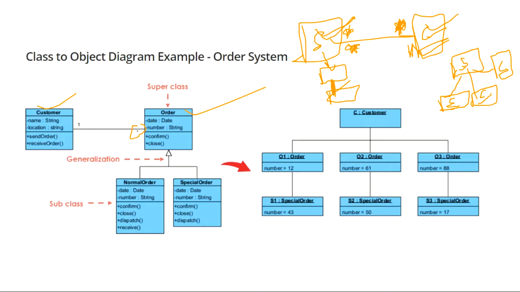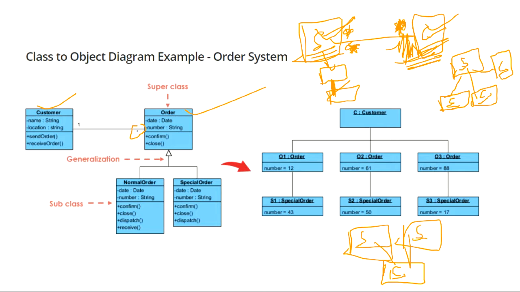Here is one, here is star. It means one object of class course can interact with multiple students. Like this, you have to read it. Basically, multiplicity will tell you how many objects of one class can interact with how many objects of the other class.